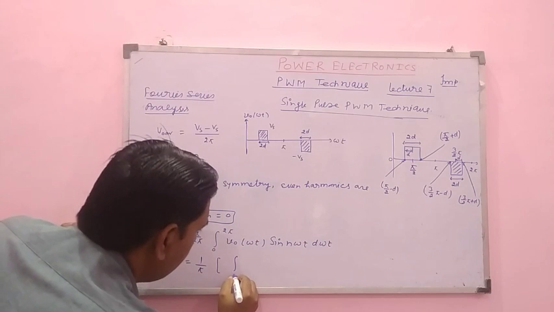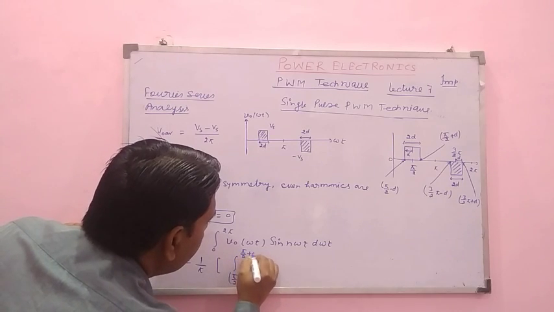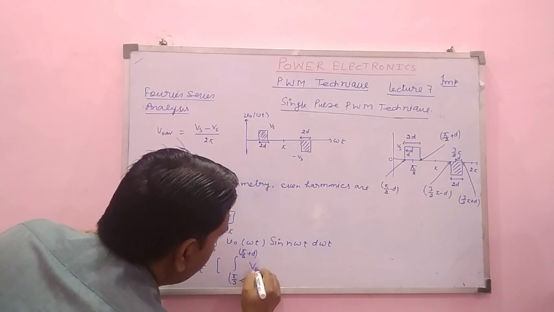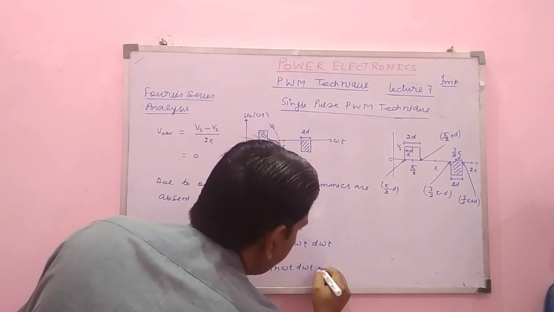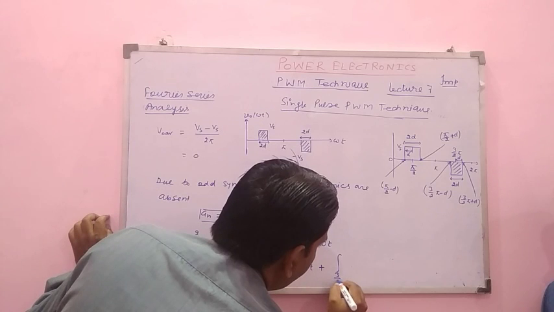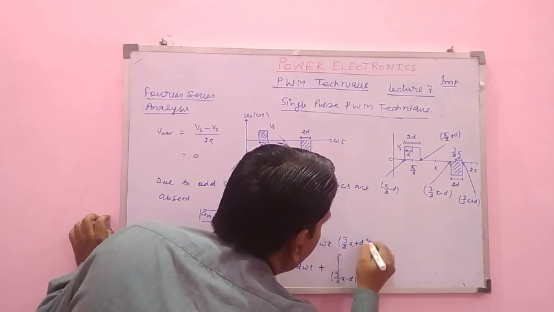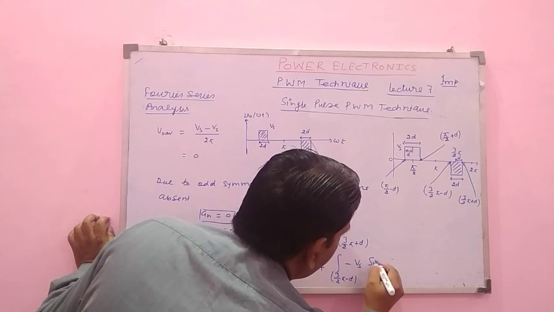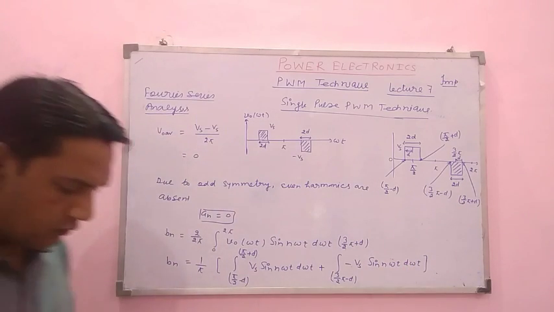The first is pi by 2 minus d to pi by 2 plus d, and during this period the value is Vs. So this will be Vs sine n omega t d omega t, plus the next limit from 3 pi by 2 minus d to 3 pi by 2 plus d, and the value of voltage is minus Vs. This is minus Vs sine n omega t d omega t. Okay, so we will solve this integration.